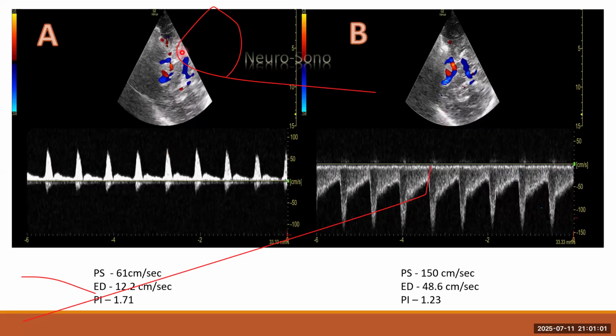On the side of the decompression, the pulsatility index is 1.71, whereas on the contralateral side, the PI is 1.23 and the end-diastolic velocity is maintained. So the differential pressures in the cranial compartment can also be identified. That was the significance of this TCD waveform.